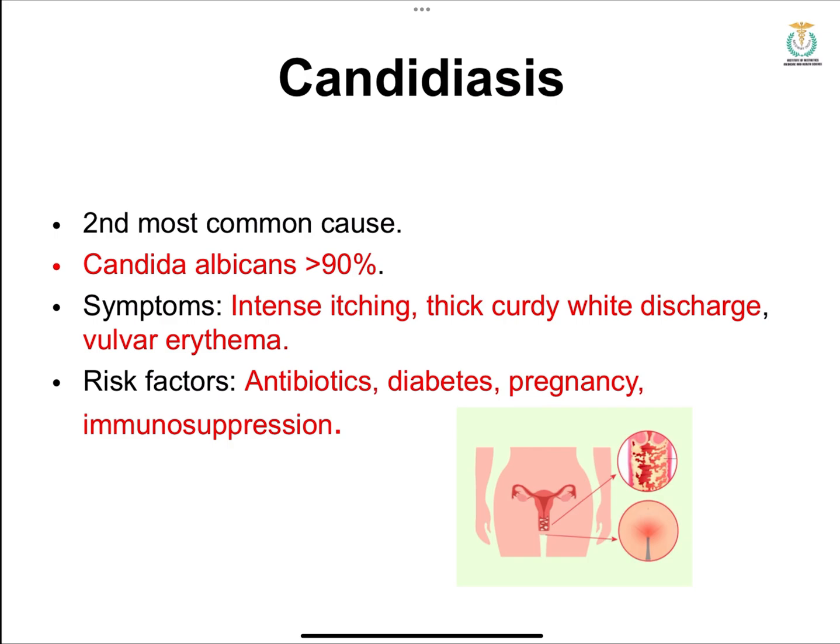Now, coming to candidiasis. This is the second most common cause of vaginitis. 90% of the time it is caused by Candida albicans. The patients report intense itching, thick curdy white discharge, and vulvar erythema.